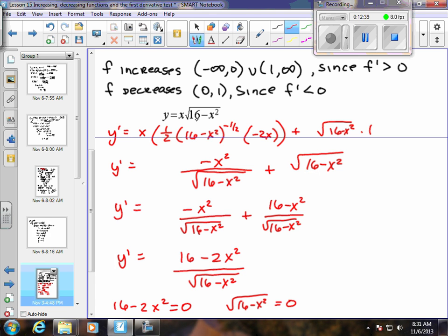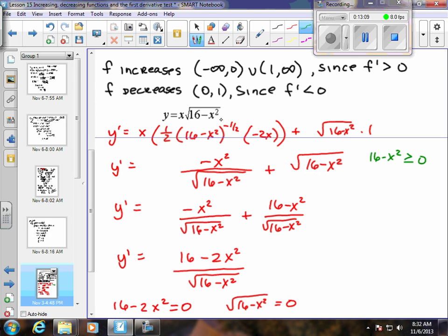I need that radical, the part underneath there, to be greater than or equal to 0. I can only use numbers between negative 4 and 4, inclusive. I cannot use 5. 16 minus 25 won't work.